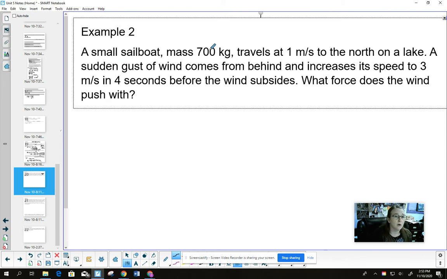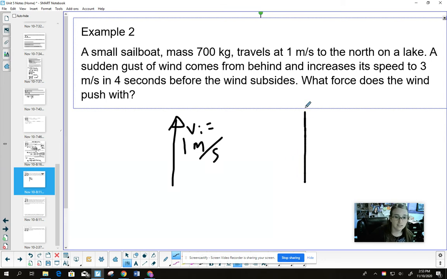Okay, so you have a small sailboat that travels at 1 meter per second to the north on a lake. So I'm going to go ahead and draw that. I'm going to call this positive. This is the initial speed. A sudden gust of wind comes from behind and increases its speed to 3 meters per second in 4 seconds before the wind subsides.